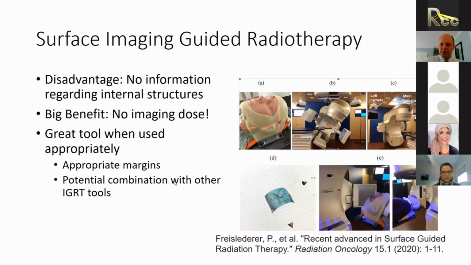For instance, you grab a baseline at the first fraction, and at the same time there's some other image guidance, whether that's 2D or 3D, cone beam CT, so you're set up well. Then you use that baseline for future treatments, using surface imaging, which doesn't have any associated dose, for aligning the patient.